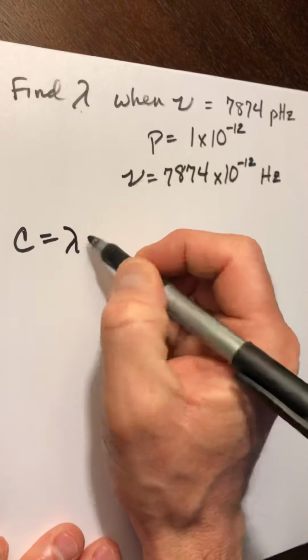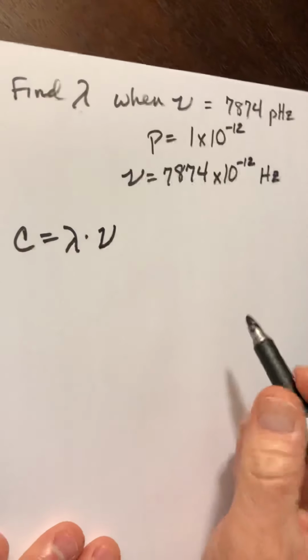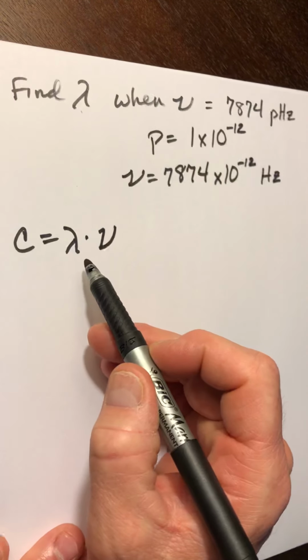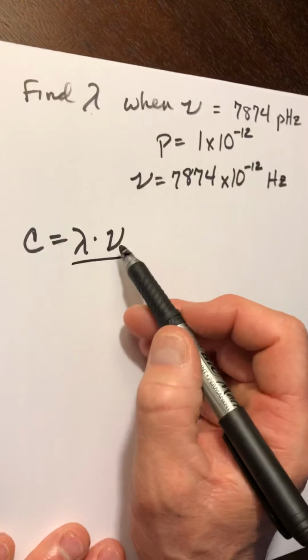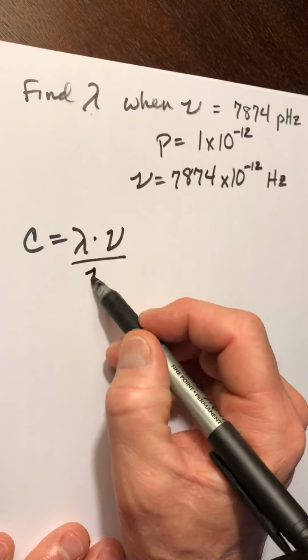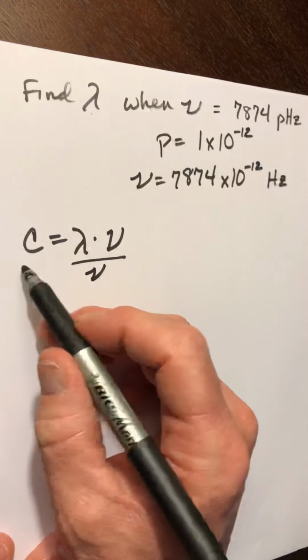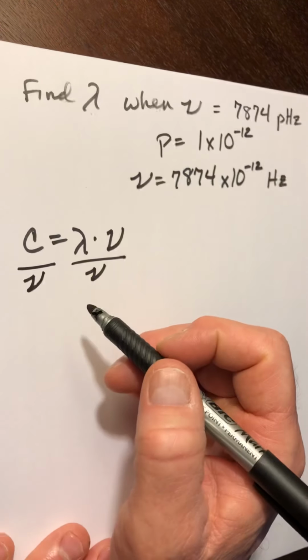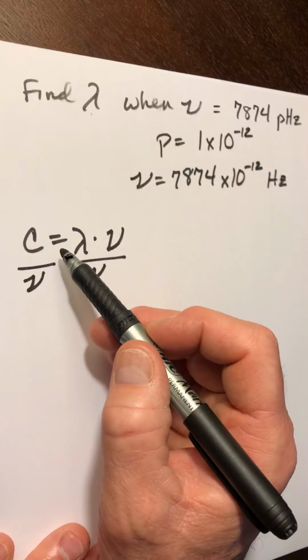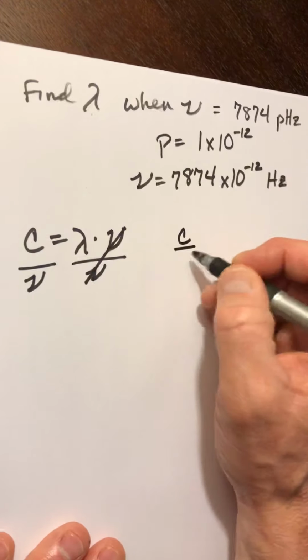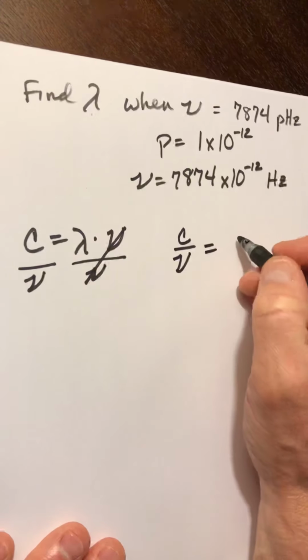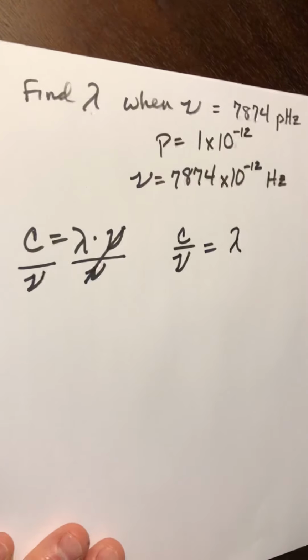c equals lambda times nu, and we're trying to find the lambda, which means we have to get it by itself. To do that, since it's multiplied by frequency, we have to divide by frequency. But we have to do it to both sides, to maintain the equality. The frequencies then cancel, and we find that c divided by the frequency gives us the wavelength.